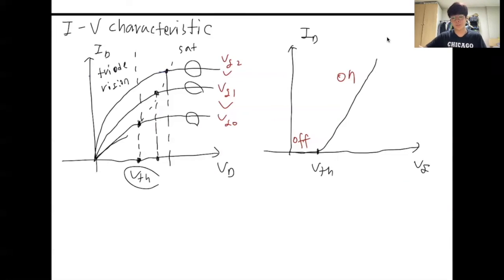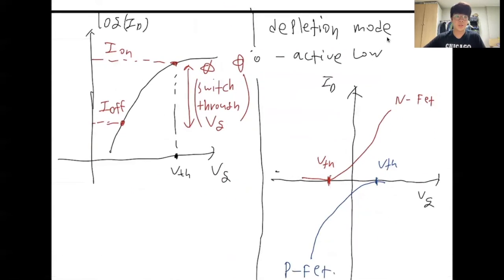And if we look at the ID-VG curve, before the gate voltage is over the threshold voltage, the current from source to drain is very low. However, after the threshold voltage, the drain current increases exponentially. If we take the drain current in log scale, then it'd be like here.